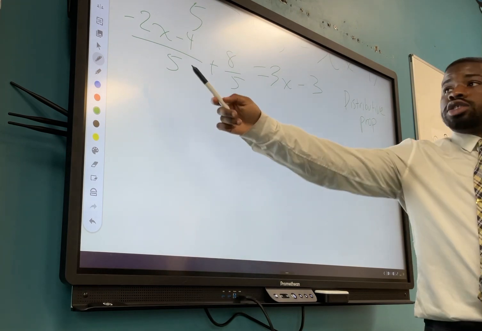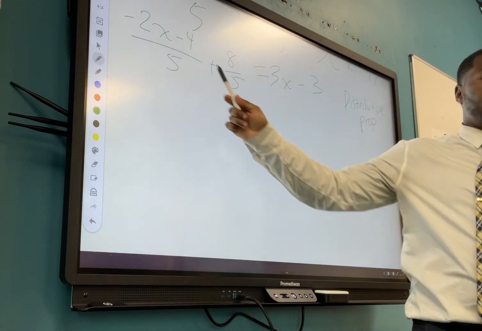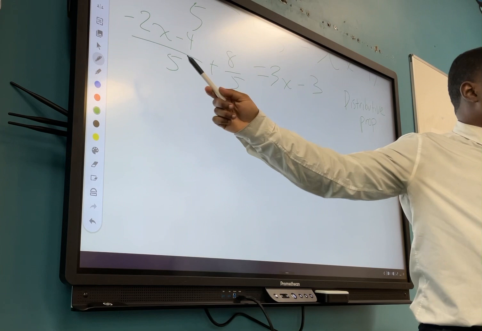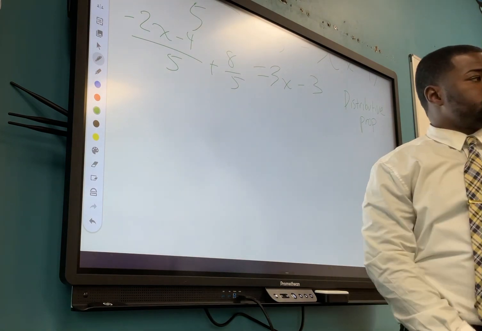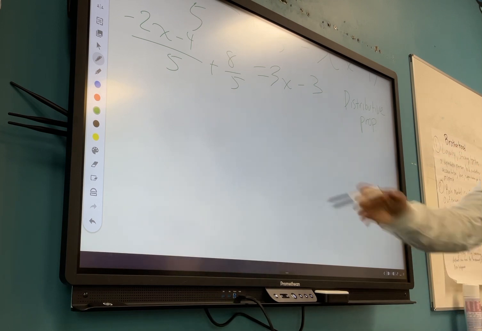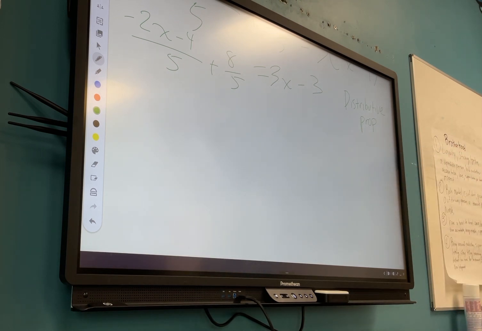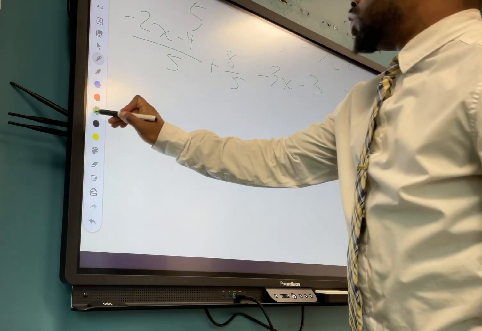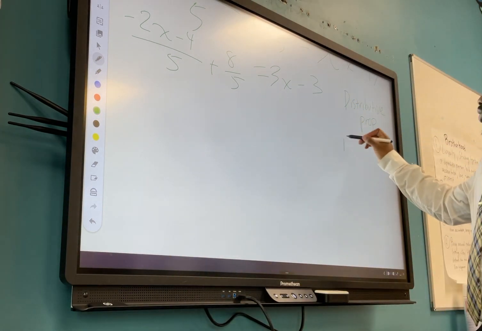All right. So this fraction bar represents which operation? Division. What's the opposite of division? Multiplication. So what do you think we need to multiply by in order for us to get rid of this denominator? By 5. All right. So for this one here, we are going to apply multiplication property.